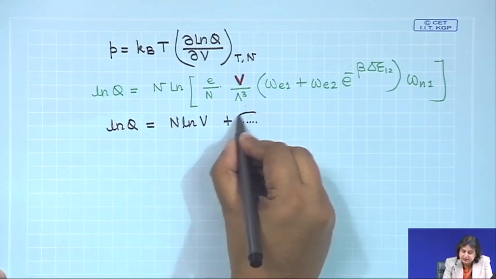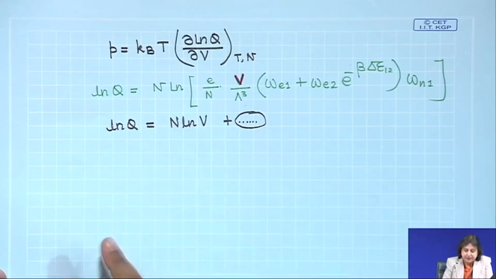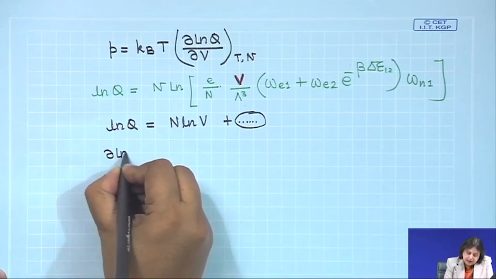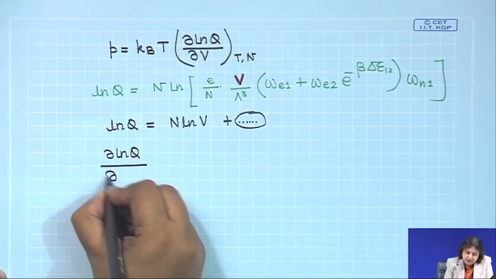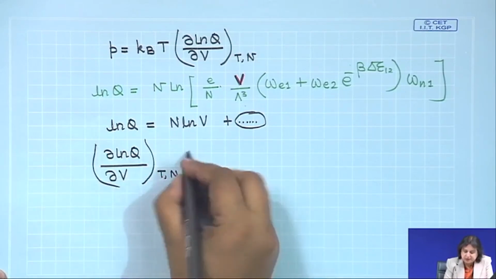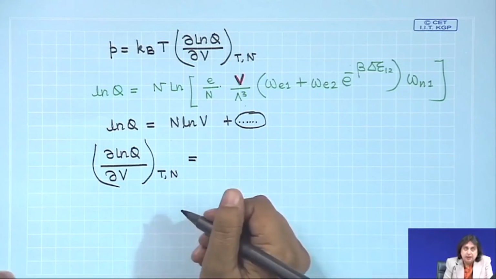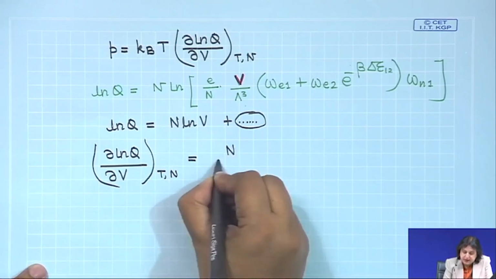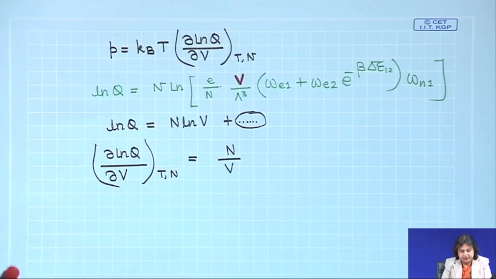So, this does not depend on V. Therefore, if I take this derivative del ln Q del V, keeping temperature and number of particles constant, what I will be getting is capital N divided by V.